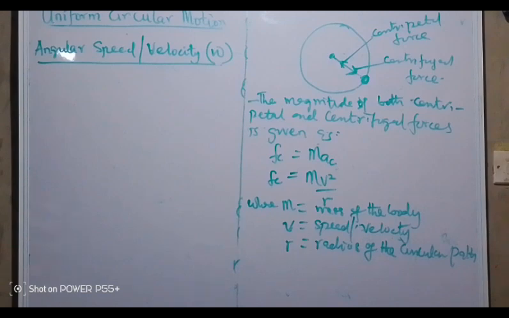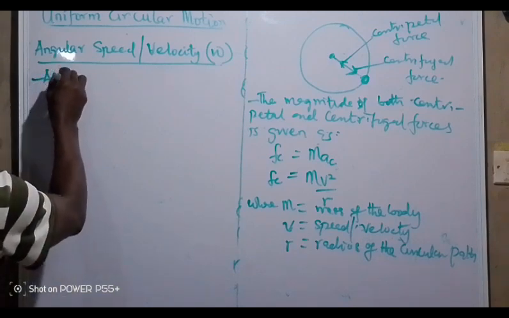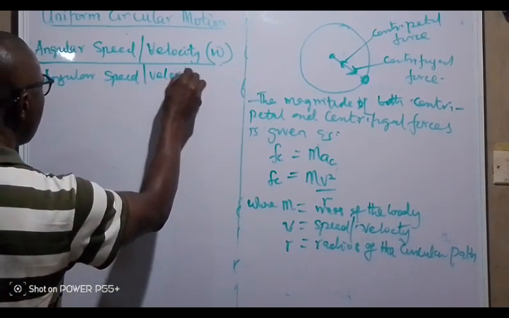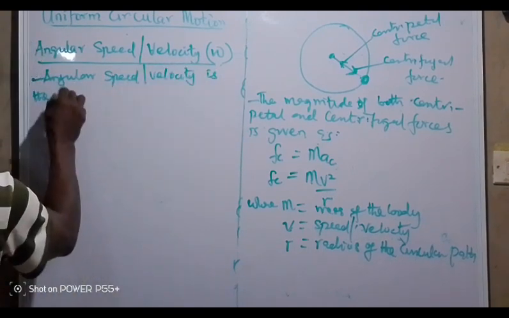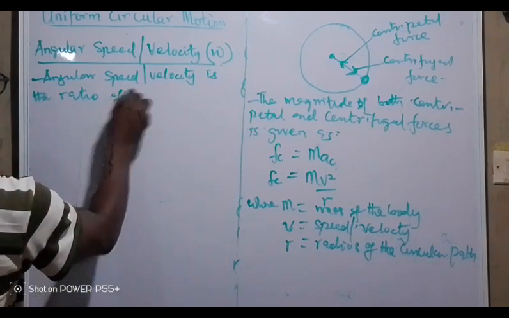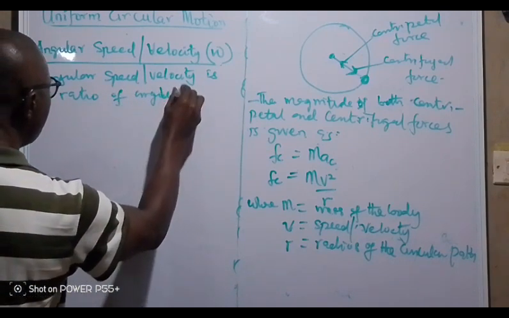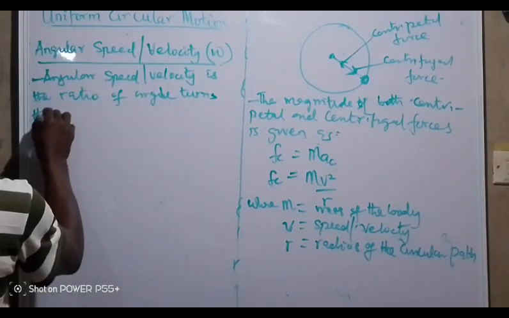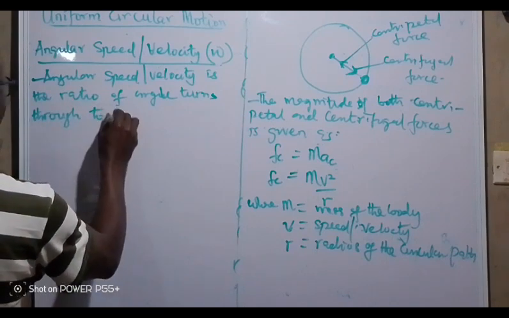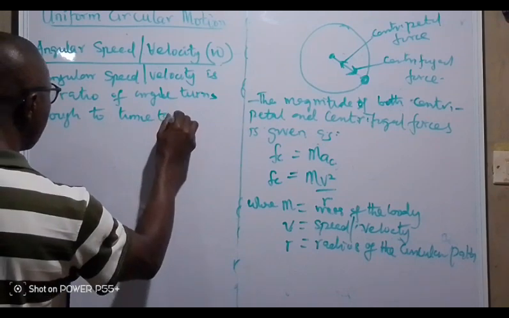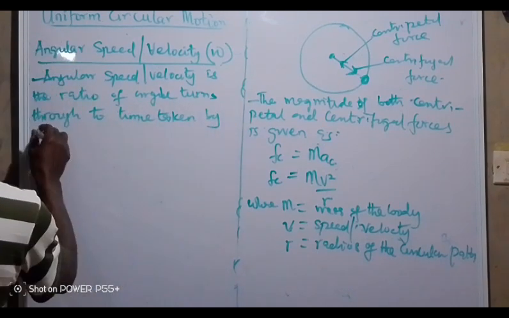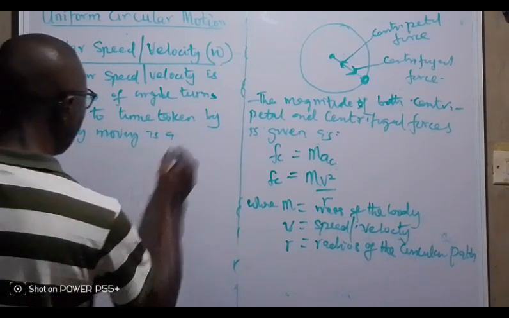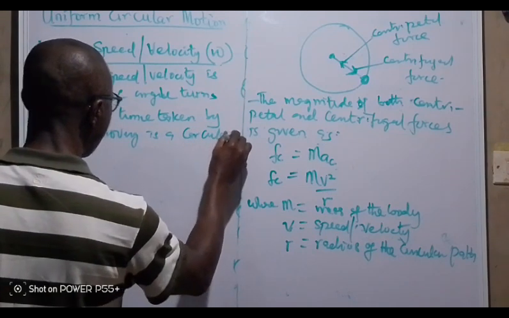And when you say angular speed or angular velocity, it is the ratio of the angle turned through to the time taken by a body moving in a circular path.